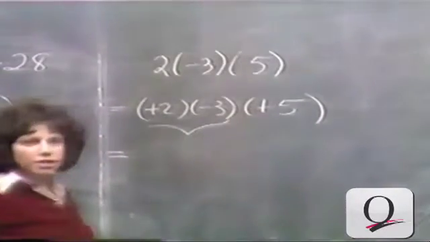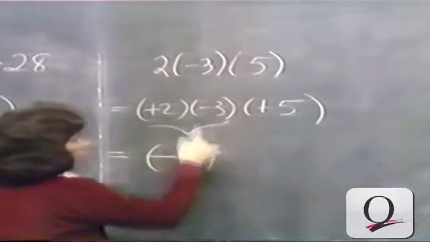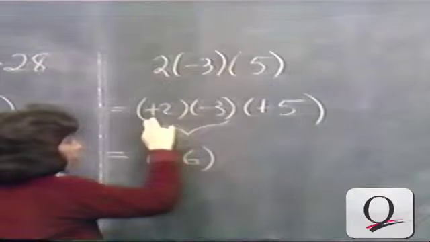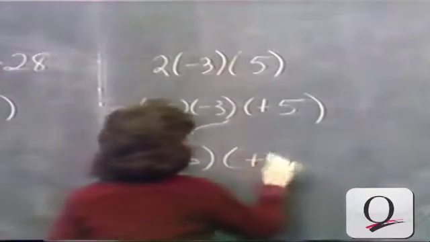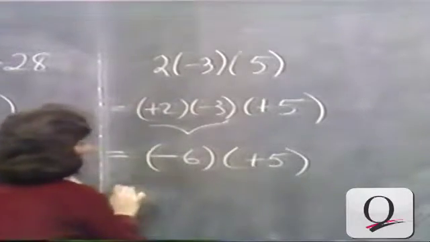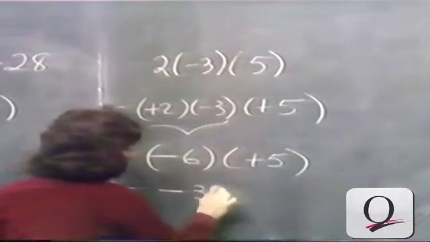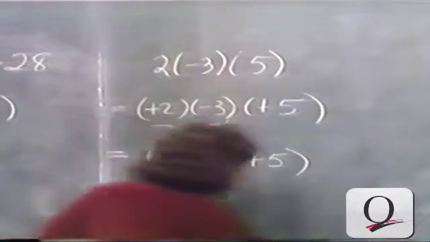Plus 2 times minus 3, the answer would be minus 6. 6 is equal to 2 times 3, and then negative because we have a positive times a negative, different signs. Then minus 6 times plus 5. Okay, this gives us minus 30. 6 times 5 is 30, minus times plus is a minus.